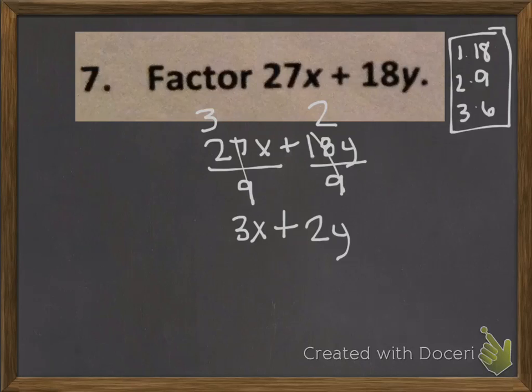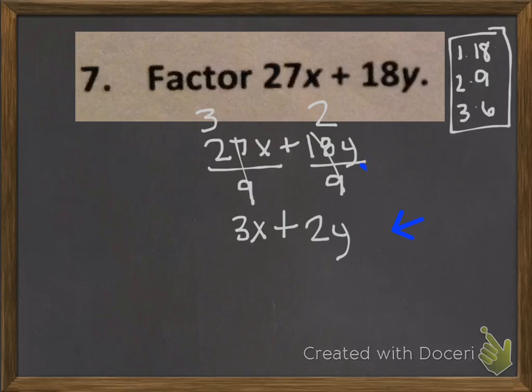So if we look at what we just wrote right here, is 3x plus 2y the same thing as 27x plus 18y? Well, no. 27x is not the same thing as 3x. 18y is not the same thing as 2y. So we need to do something. We use this 9 right here in this problem.